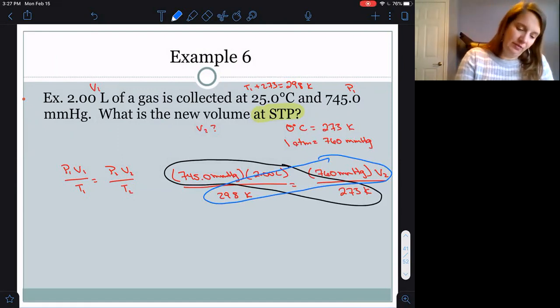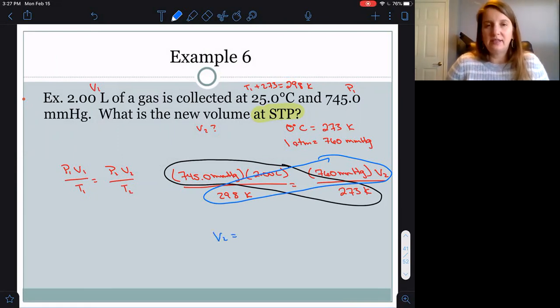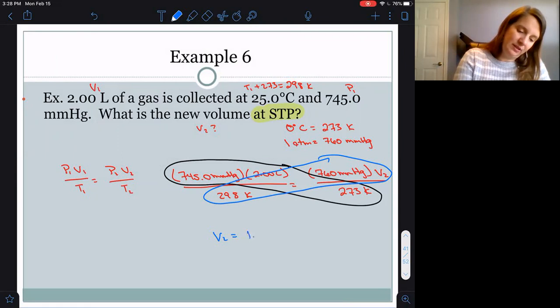And so I'm solving for V2. I do not use that 760 for sig figs because that is a constant, a standard value. So I need to look at my other values for sig figs. I have 3 sig figs total. So I'm going to round my answer to 1.80, and my units are liters because that's my unit of volume on this other side here.